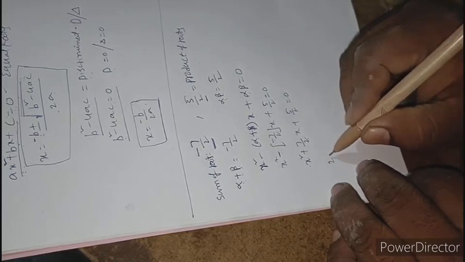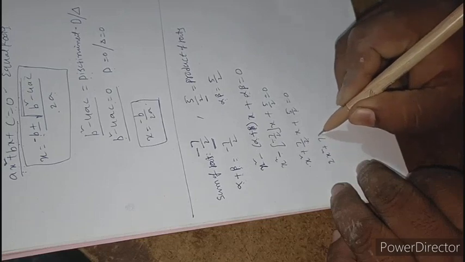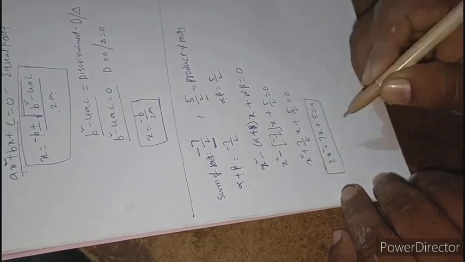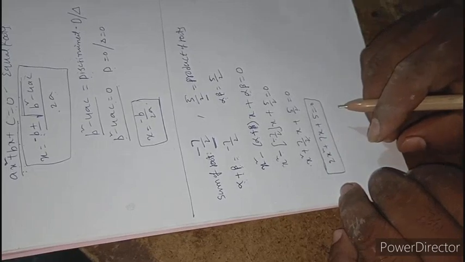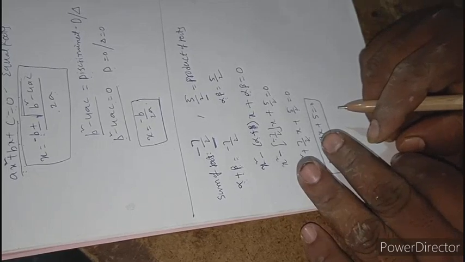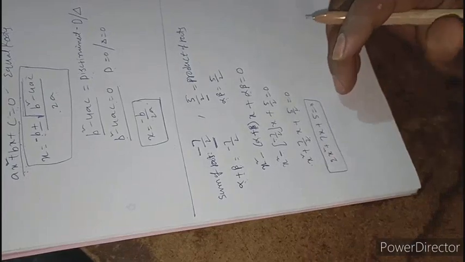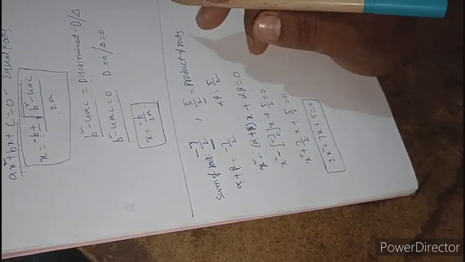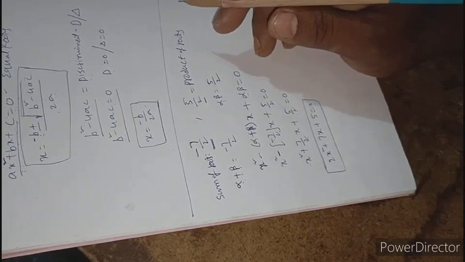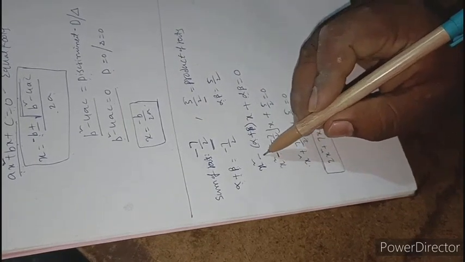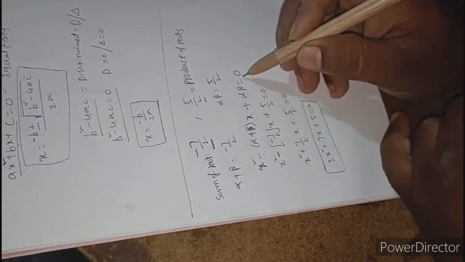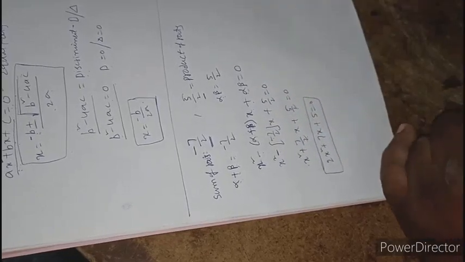Therefore we get 2x square plus 7x plus 5 equals 0, which is the required equation. When the sum of the roots and product of the roots are given, the required quadratic equation is x square minus alpha plus beta into x plus alpha beta equals 0.